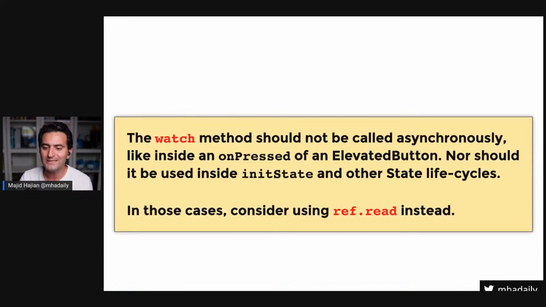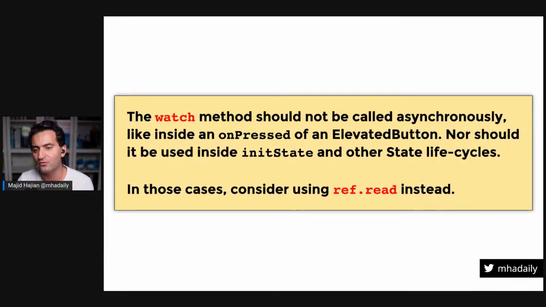But what is the difference between watch and read in this case? You're not going to use watch in callbacks, asynchronous callbacks, especially like buttons and stuff like that. Instead, in those scenarios, you will use read.